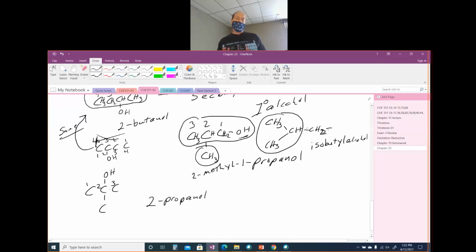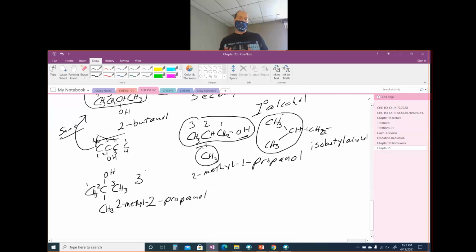All right, but that just takes care of 3 of my carbons and my OH. There is another carbon. Off of carbon 2, I have a methyl. So this is a 2-methyl-2-propanol. All right, and so when I look at the carbon attached to the OH, I see that that carbon is attached to 3 other carbons and no hydrogens.